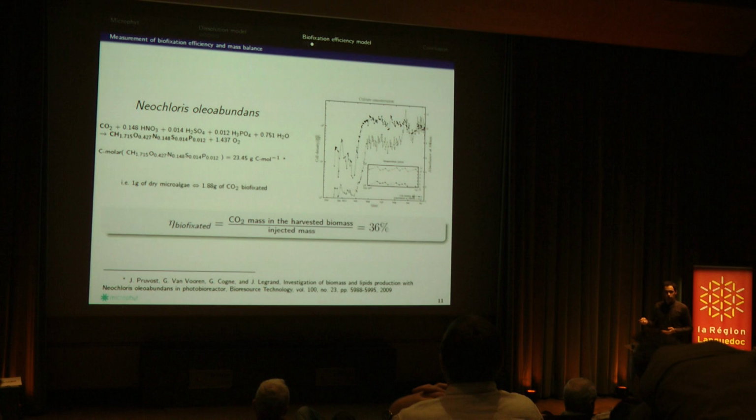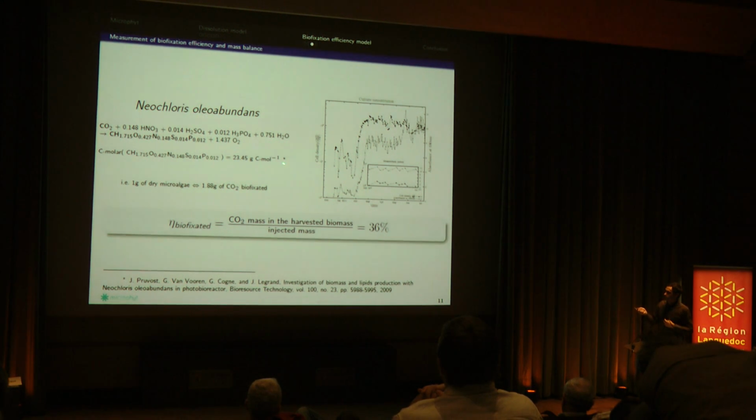So we need to measure the biofixation efficiency, with the dissolution we've done before. And we've done it for Neochloris oleoabundans, for which we know the chemical equation and the molar mass as it has been measured by Mr. Privo.